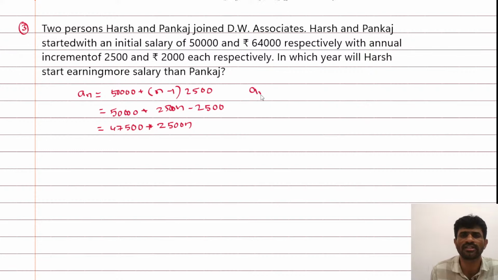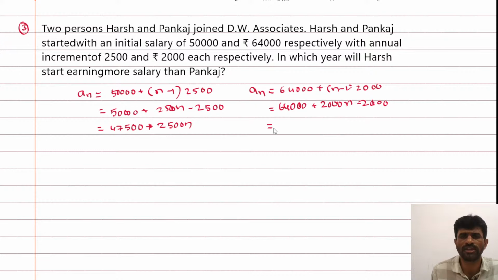Similarly, an in the second case also you have to find. Here it is what? 64,000 plus n minus 1 into 2,000, d. So what it is? 64,000 plus 2,000 n minus 2,000.